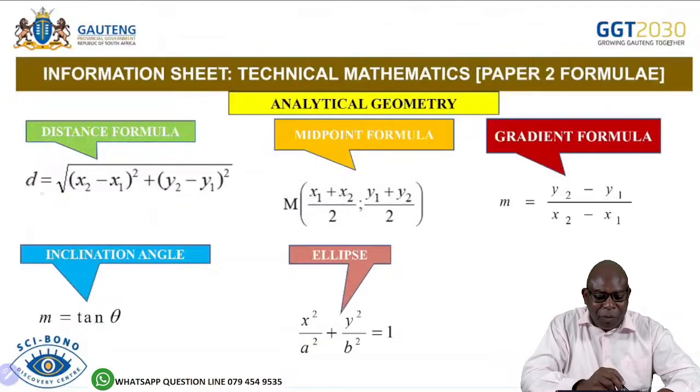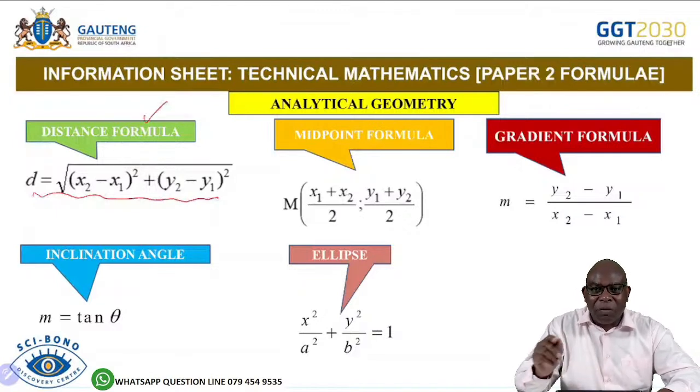Know that the first formula there, that I'm highlighting now, is the distance formula. In other words, if you find that the question is looking for the length, or the distance between the 2 points, or a point where the distance is given, then you must use that formula.